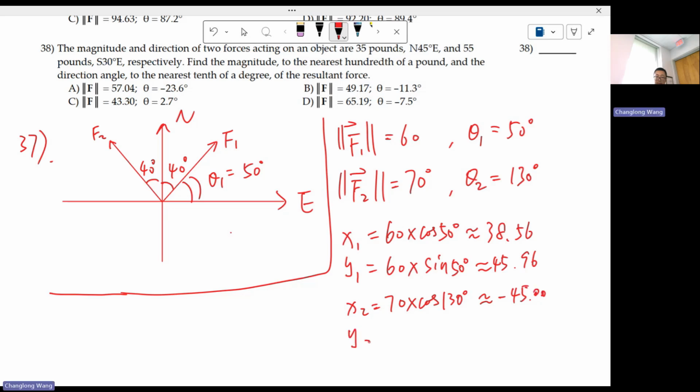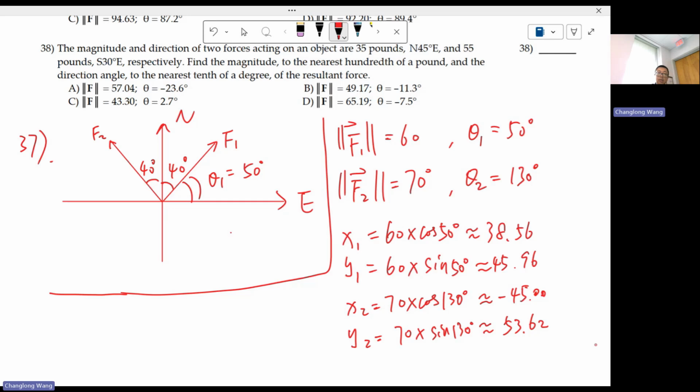Now for y2, that'll be 70 times sine of 130. So that's 53.62.